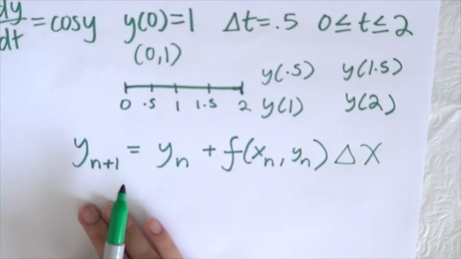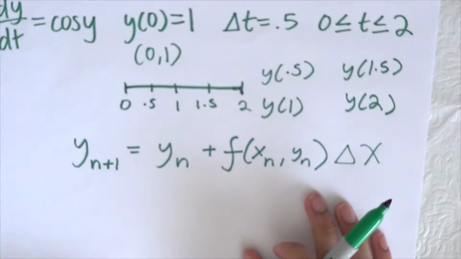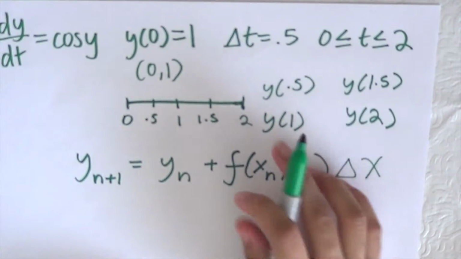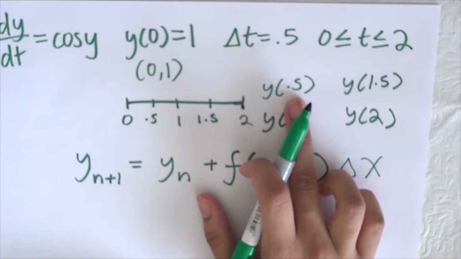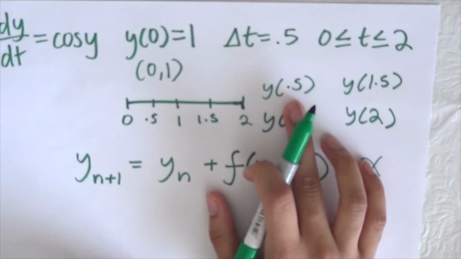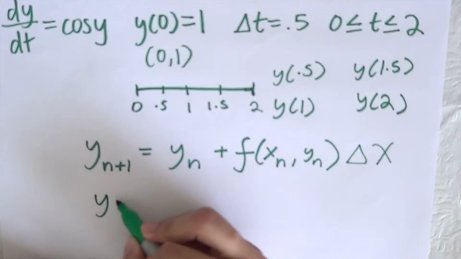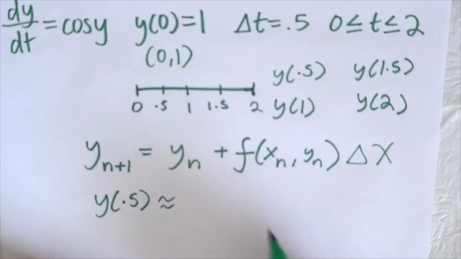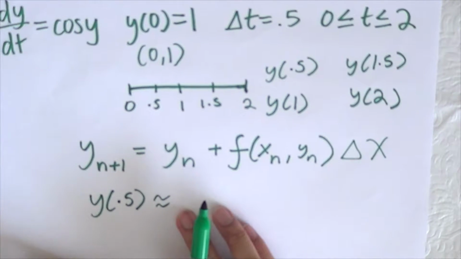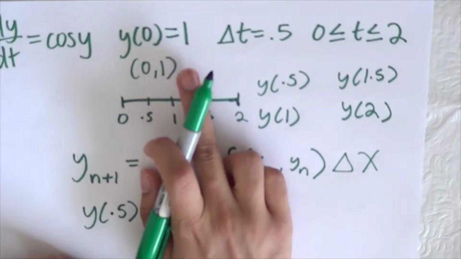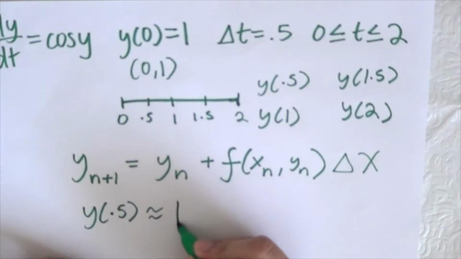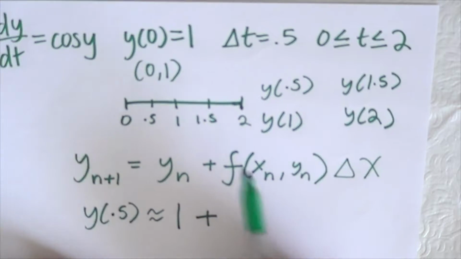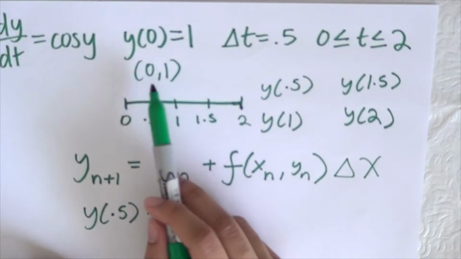So now let's plug in our values. For our first step, we're going to have to use the initial point to find y of 0.5. So we're looking for y of 0.5, which approximates to the y value of the initial point, which is 1, plus the slope of the initial point, and our initial point is (0, 1).